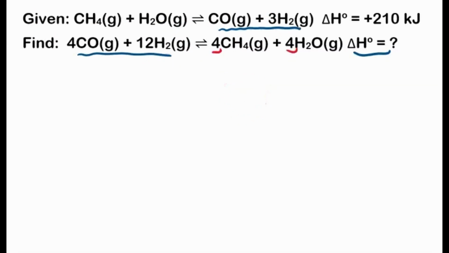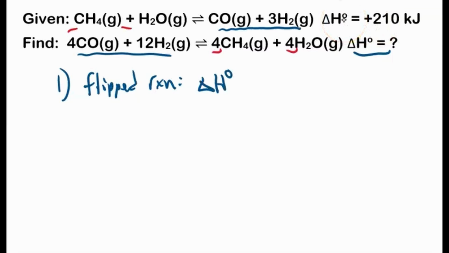And we multiplied everything by 4. So we did one operation: we flipped the reaction. And when we flip the reaction, we have to flip the sign. So the change in enthalpy is now negative 210 kilojoules, which makes sense.